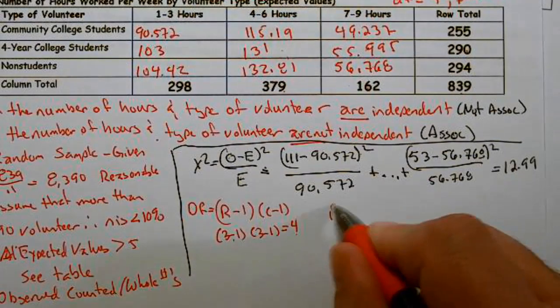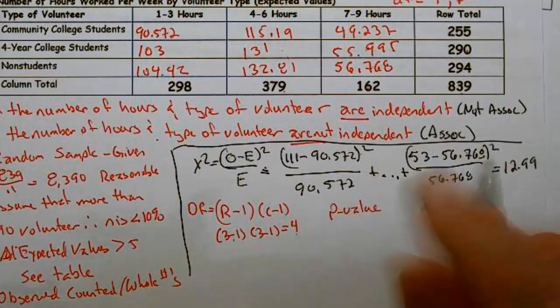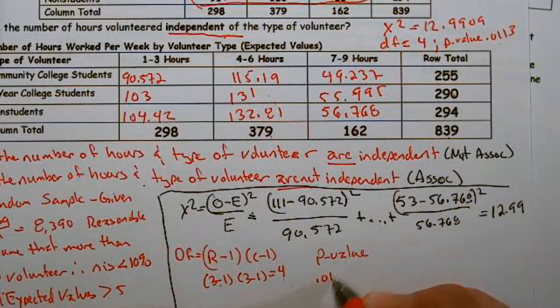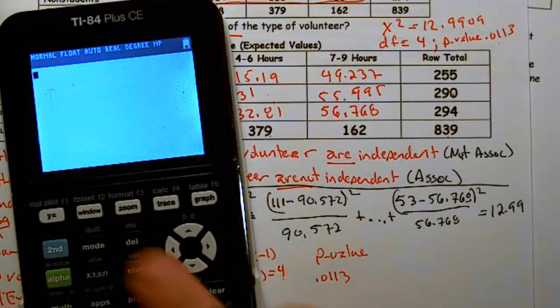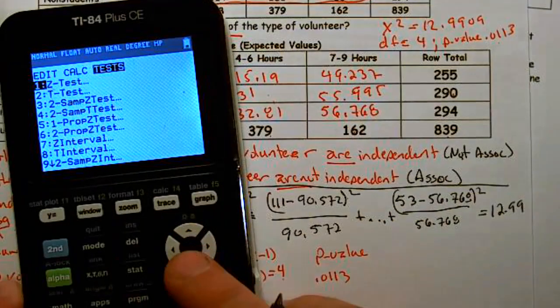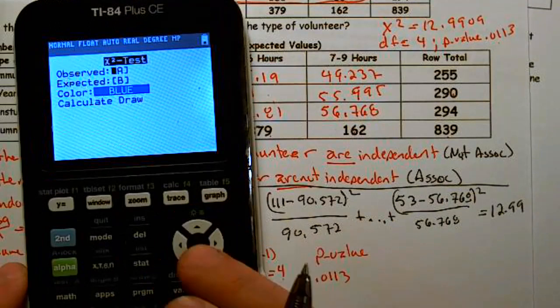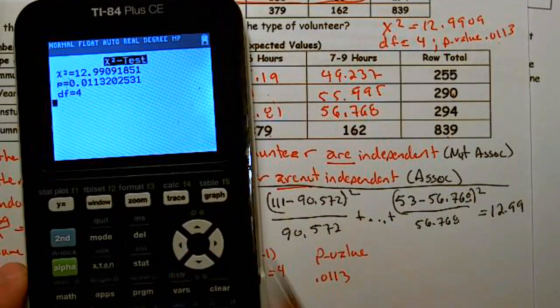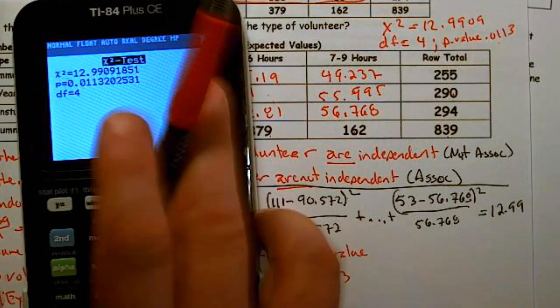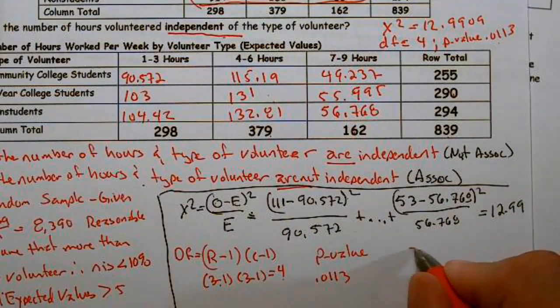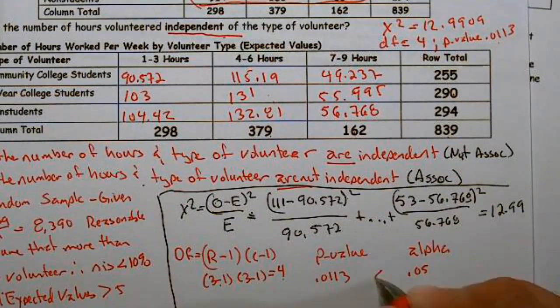We know our p-value. Our p-value we already calculated. We had a p-value of 0.0113. And if you forgot it, just remember, I went stat, test, chi-squared, not goodness of fit. And I pressed calculate, and there it is, 0.0113. And if we have an alpha of 0.05, this is less than.